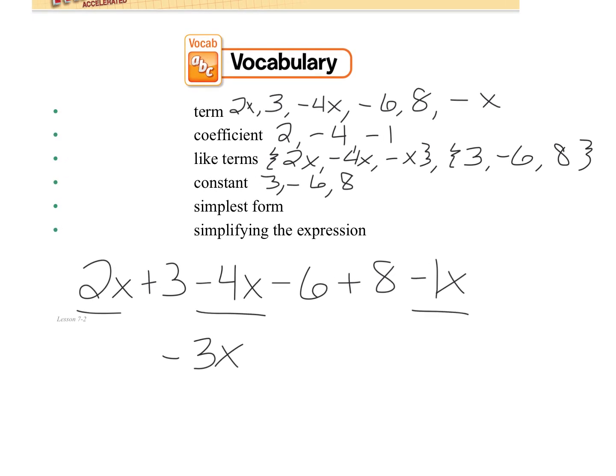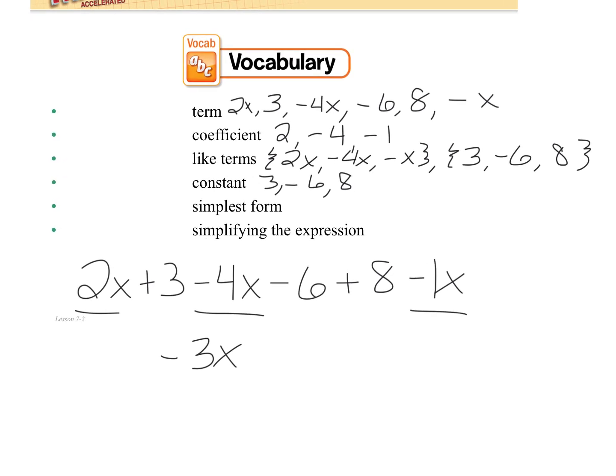Do we have other like terms in there? Yes, so we need to underline 3. We're going to double underline it so we don't get it mixed up. And then what goes with 3? Negative 6 and 8. So we have 3 minus 6, negative 3, plus 8, 5. So we have negative 3x plus 5.